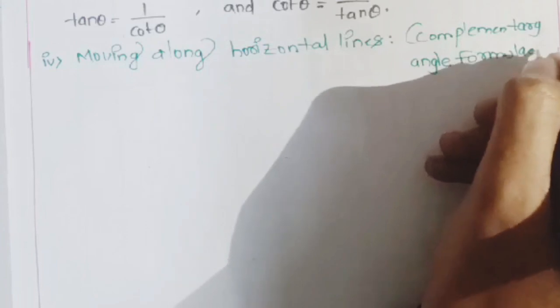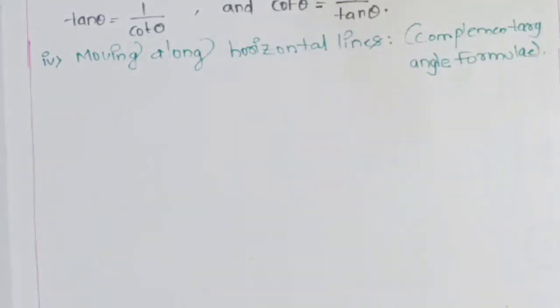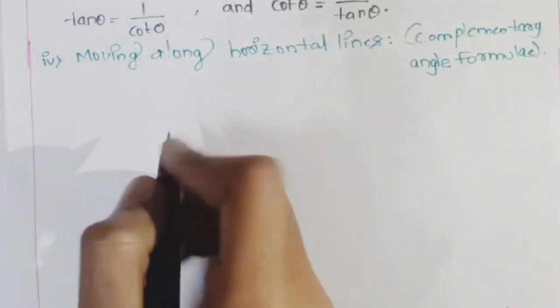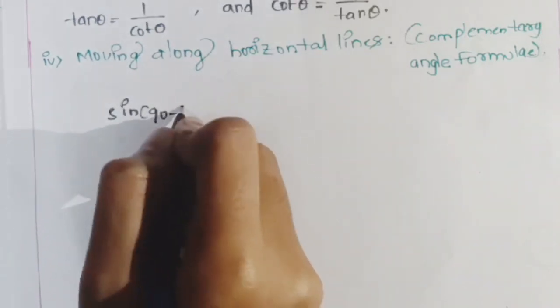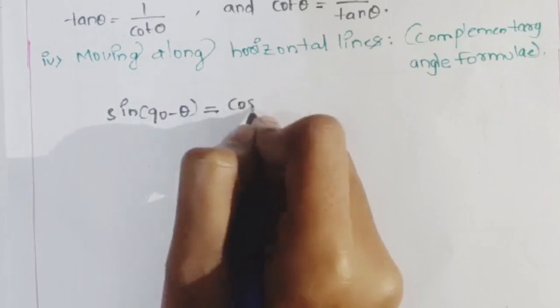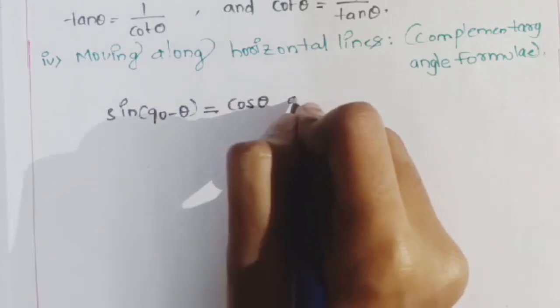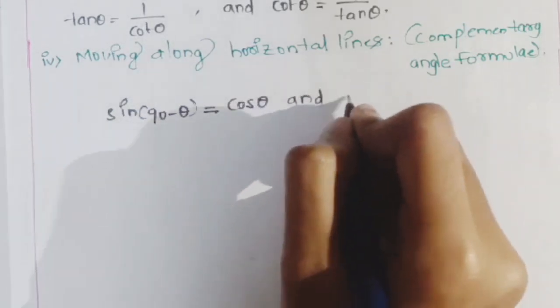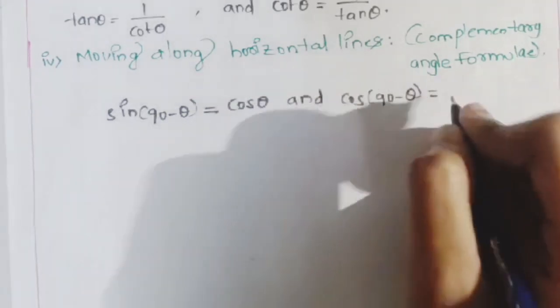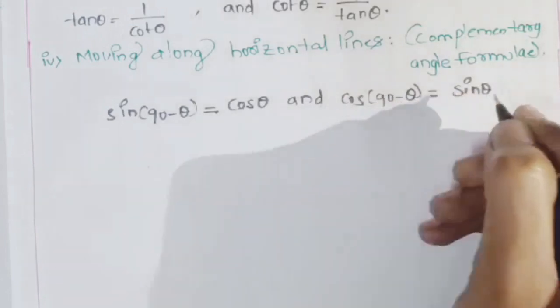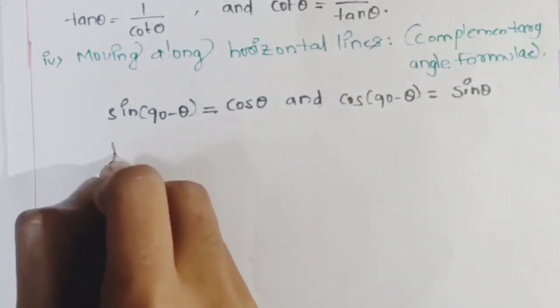So sine of 90 minus theta is equal to cos theta. Similarly, cos of 90 minus theta is equal to sin theta. So we are just moving on the hexagon along the horizontal lines, so that we get some formulas over here. Okay, this is the simplest way to remember all these formulas.